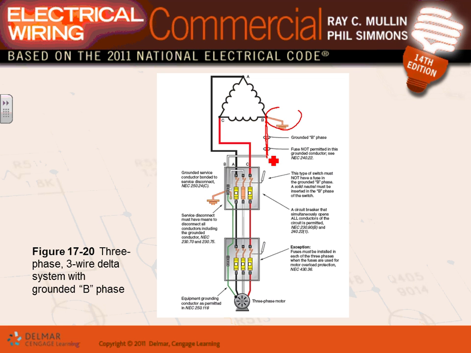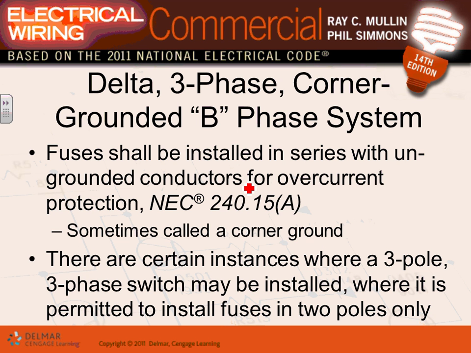So long story short, you cannot put a fuse in a grounded conductor. That's a violation of the code. So they have this neutral bar that they put there, which takes the place of a fuse. That's what they do when it comes to the corner grounded delta.